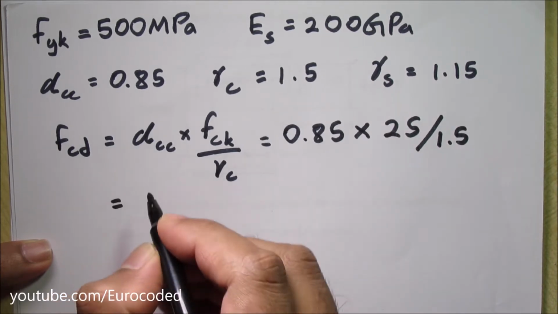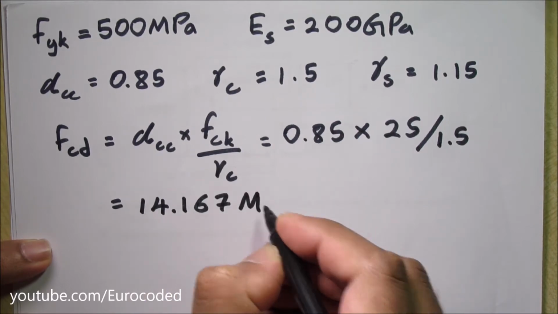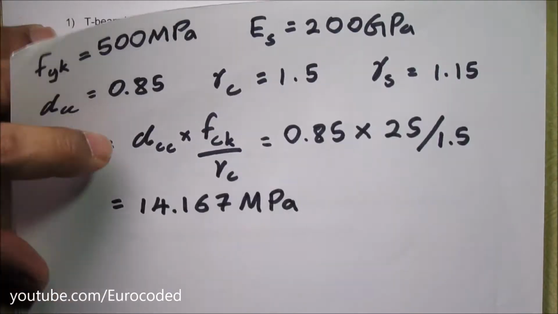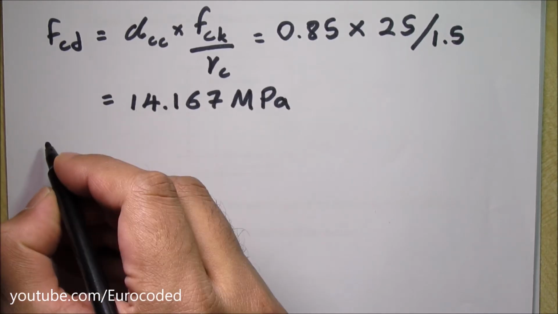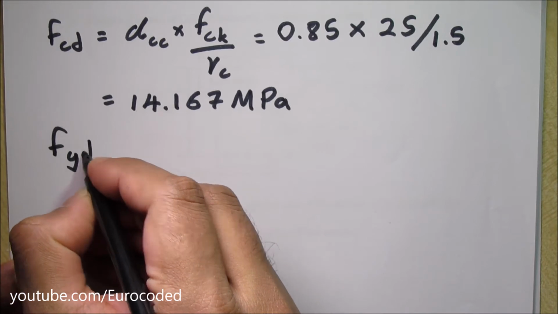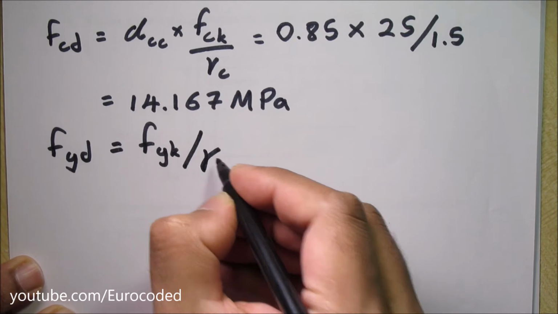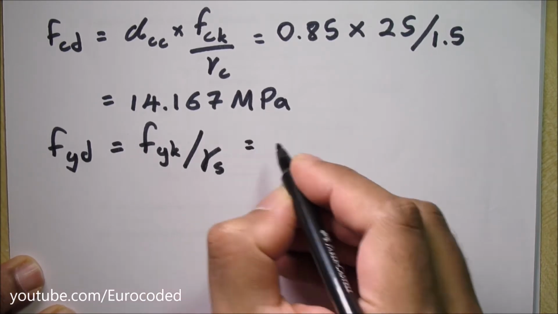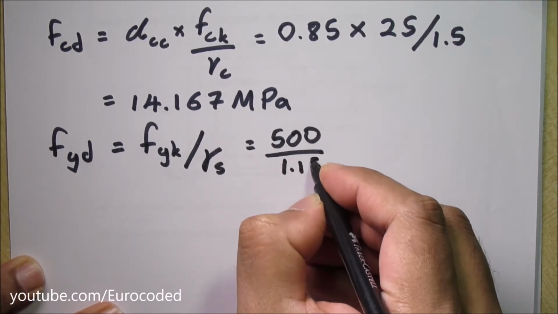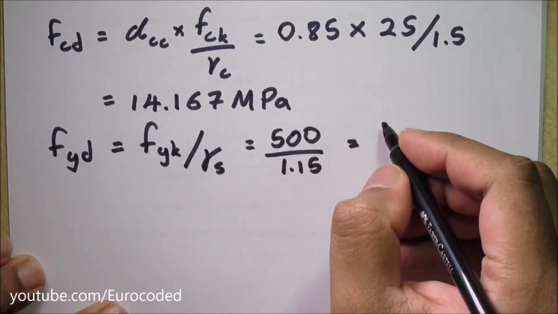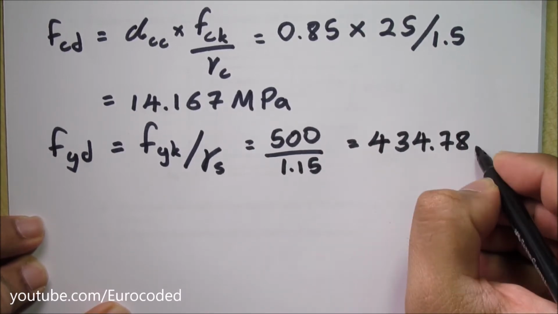This comes to 14.167 megapascals. Then we can calculate the design yield strength of reinforcement. Fyd is equal to Fyk over gamma s, which is equal to 500 over 1.15, and that's equal to 434.78 megapascals.